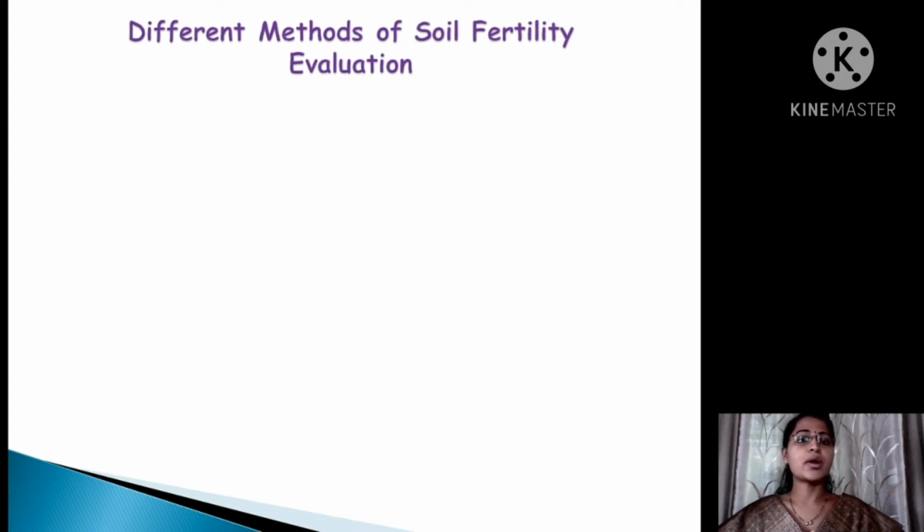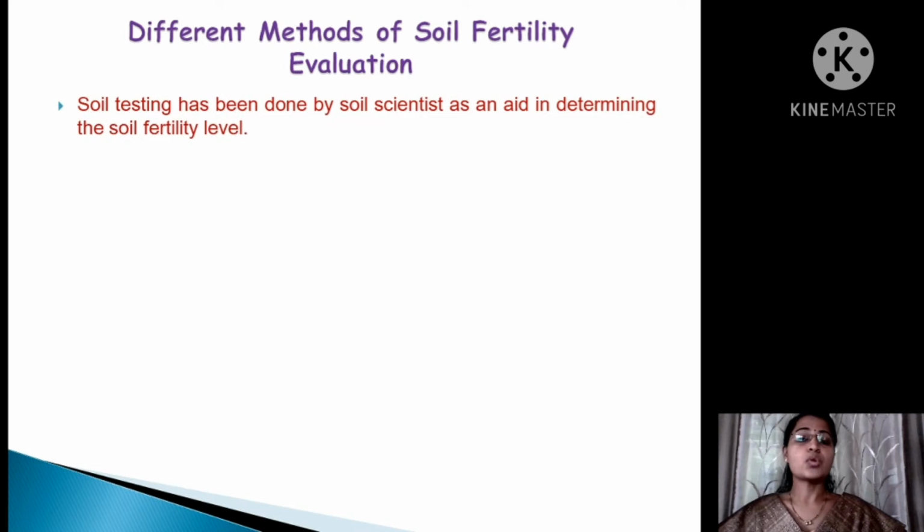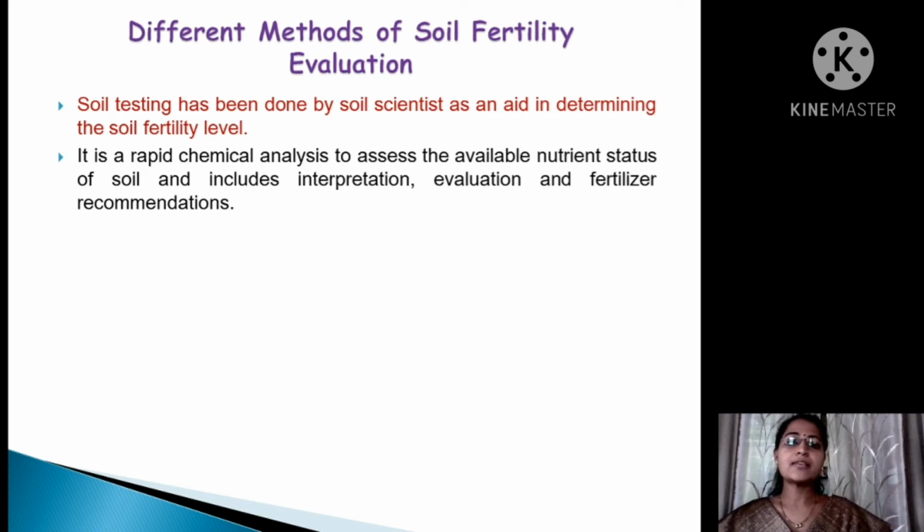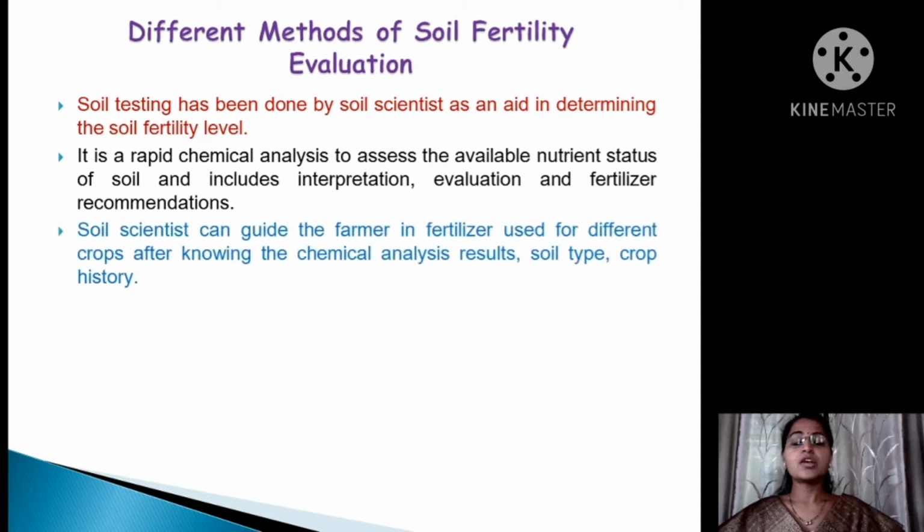Different methods of soil fertility evaluation. Soil testing has been done by soil scientists as an aid in determining the soil fertility level. It is a rapid chemical analysis to assess the available nutrient status of soil and includes interpretation, evaluation, and fertilizer recommendations. Soil scientists can guide the farmer in fertilizer use for different crops after knowing the chemical analysis results, soil type, and crop history.